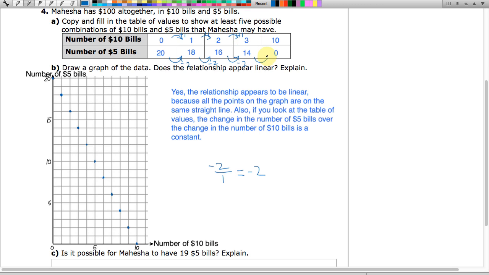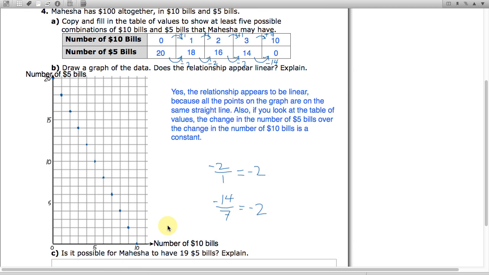And even if you take a look at the last one, which is going down by 14, here when this is going up by 7, even that -14 over 7 is the same thing. It's -2. The change in the number of $5 bills over the change in the number of $10 bills is a constant, which makes it a linear relationship as well.